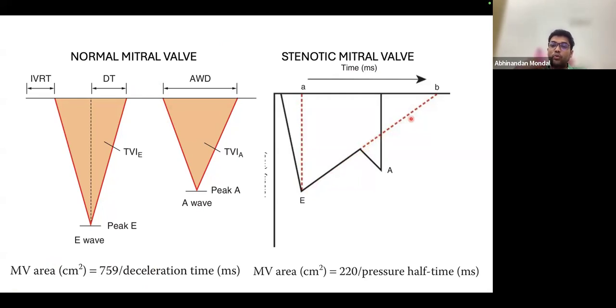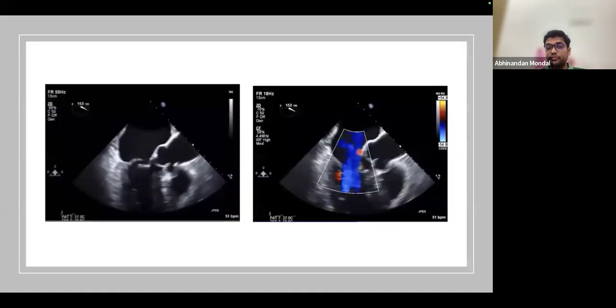So it takes more time to equalize the pressure from the LA to the LV. If we extrapolate from this area, this is your deceleration time, and if we extrapolate this, it will give you the pressure half time, the time at which the pressure becomes half, given by your echocardiographic machine. If you divide 220 by it, it will give you the mitral valve area.